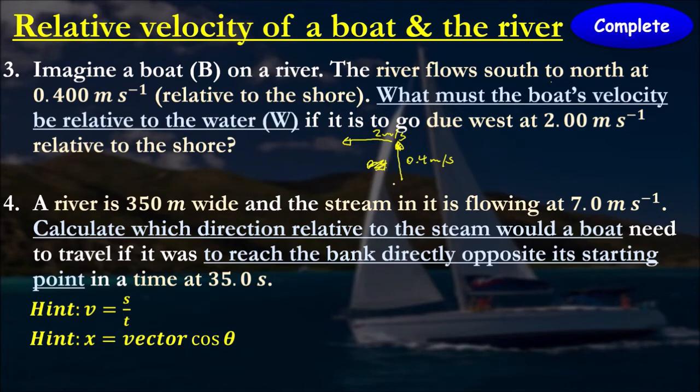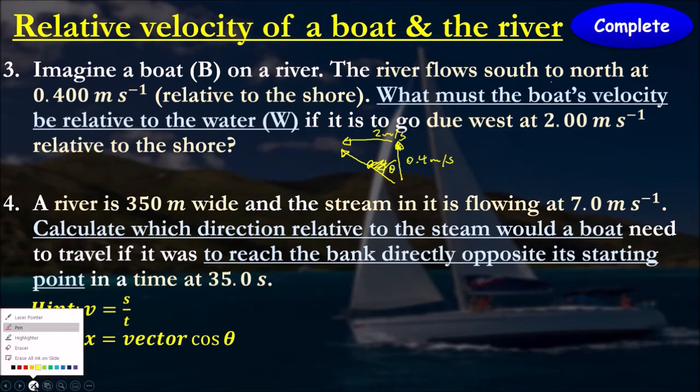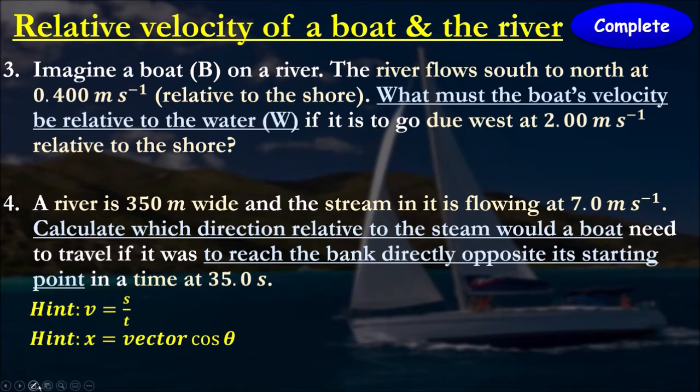Okay, so if we have a look, again, this one looks like a vector addition. So if we draw it across here, 2 meters per second, theta's there. Okay, let's just clear this out for a second. Just made a little error, but let's just draw it out again. So we have a river, and it's flowing south to north at 0.4 meters per second.